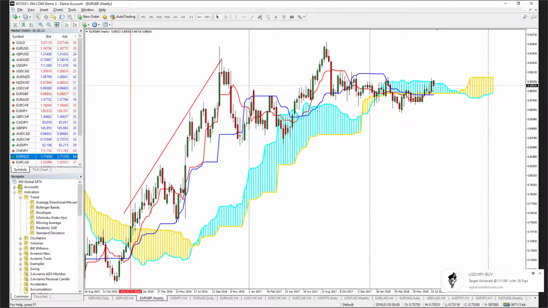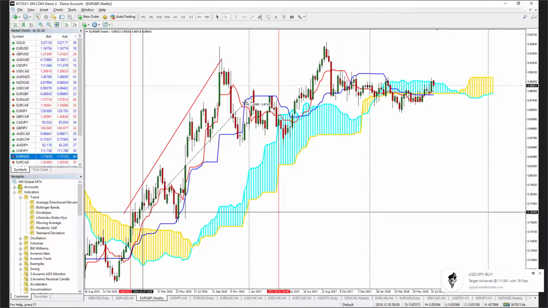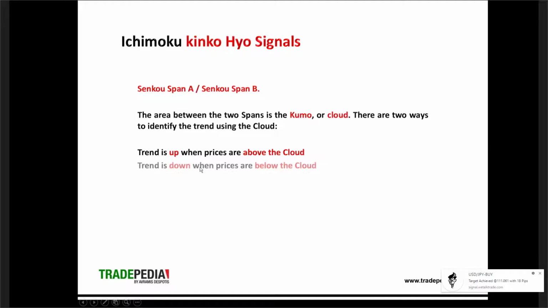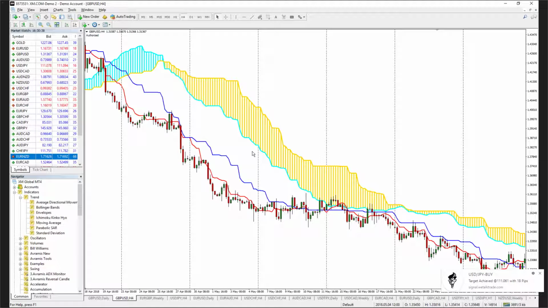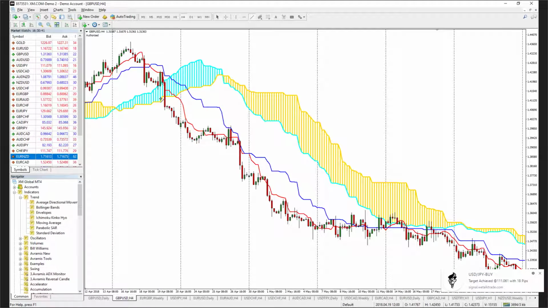So ever since there where we broke above the Kumo until there where we went back into the Kumo, the trend is considered bullish. All right, trend is considered bearish when prices are below the Kumo. So if we go back to our downtrend previously on sterling, as long as the prices ever since there are below the Kumo, we are in a downtrend according to the Ichimoku.